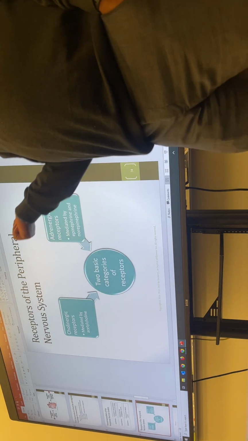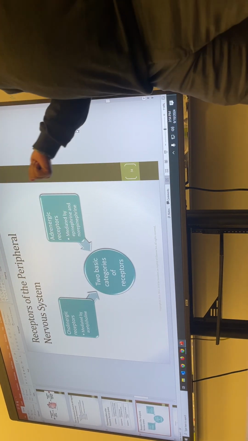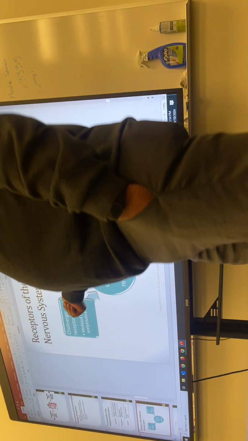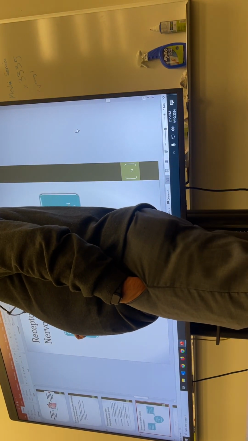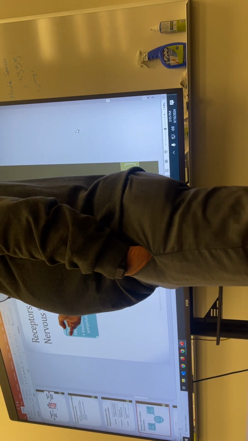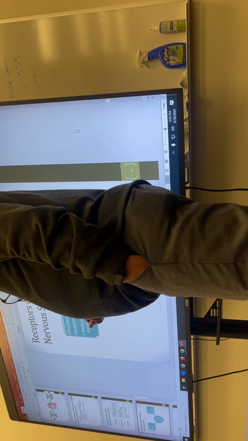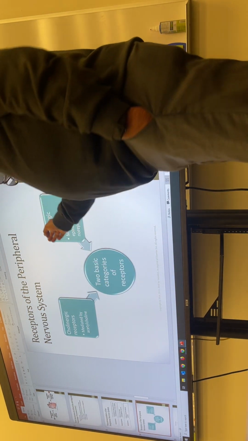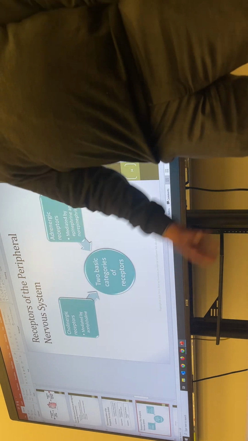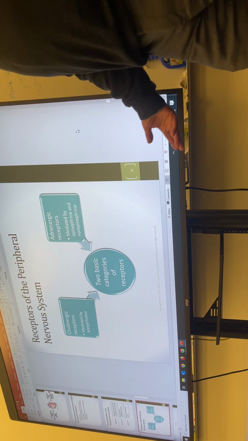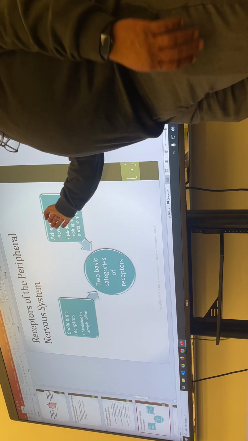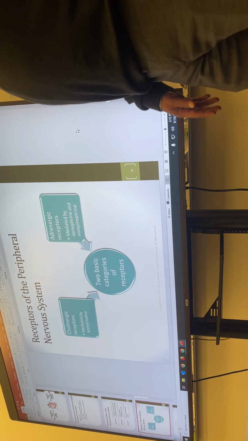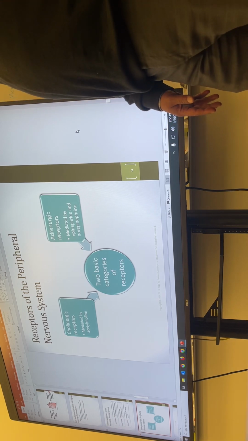The receptors associated with SNS are called adrenergic receptors, and the receptors related to the parasympathetic nervous system are called cholinergic. Cholinergic is mediated by acetylcholine as the neurotransmitter, and the adrenergic neurotransmitters are epi and norepi, right? Adrenergic is the same as SNS. Adrenergic receptors are the receptors that epinephrine and norepinephrine bind.